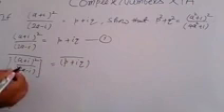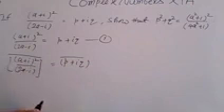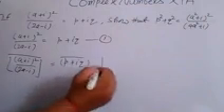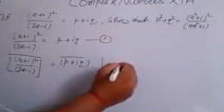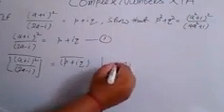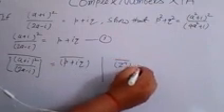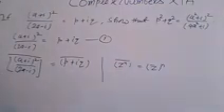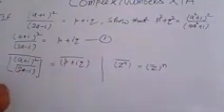Understand? Now if you apply the property of conjugate, you note it: the conjugate of zⁿ is equal to the conjugate of z, whole power n. So you apply that on the left side.